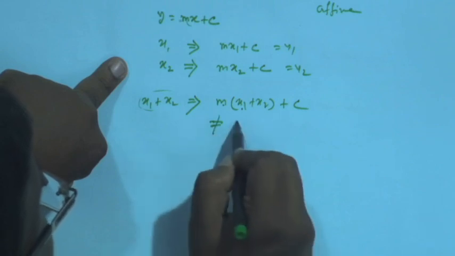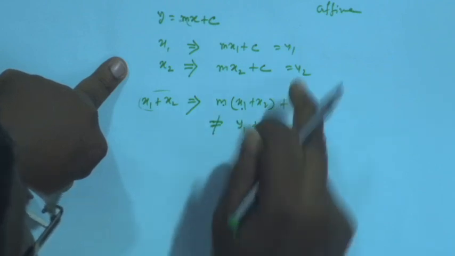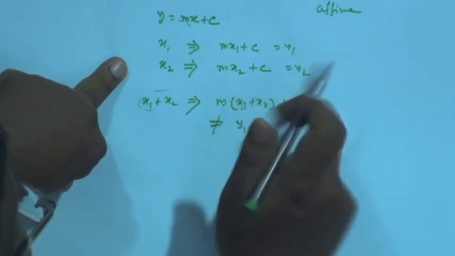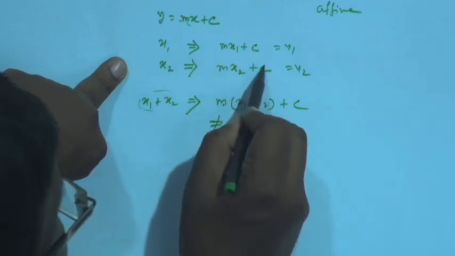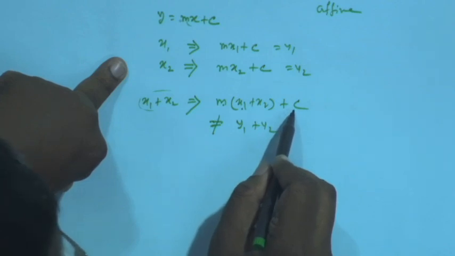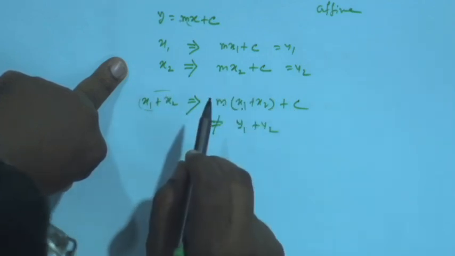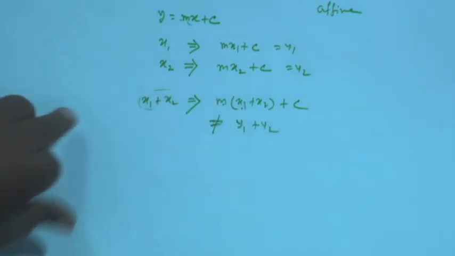This is not the same as y1 plus y2, because y1 plus y2 has mx1, mx2, but you have got 2c, and here you have only 1c. So, it is not strictly linear. Okay, this is very interesting.